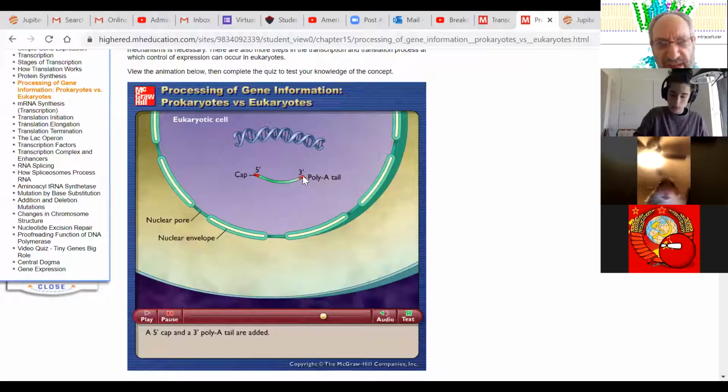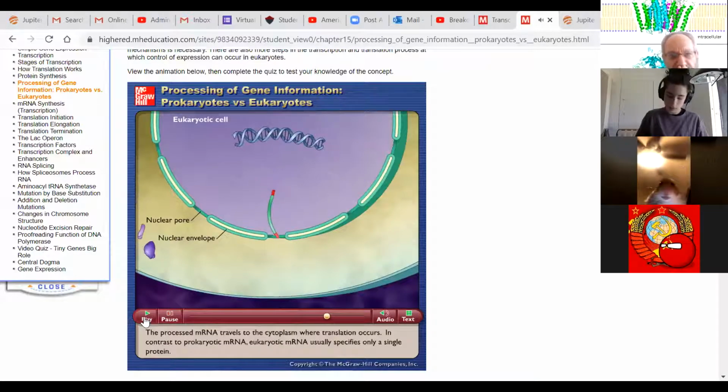We call this the poly A tail, and we call this the 5' cap. We'll learn when we do the worksheet later what the functions of these are, but they serve very important functions. This mRNA has been spliced, capped, and given a tail. It's ready now to leave the nucleus.